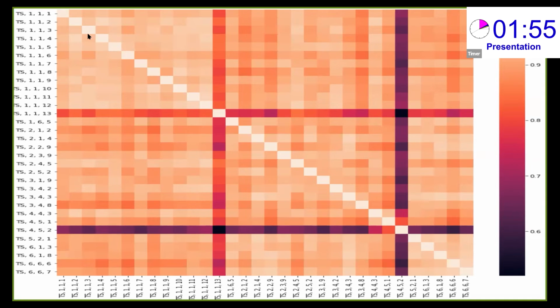On the other hand, the diagonal line is white. That indicates that chapters on these white lines have high cosine similarity, because they are compared to themselves on these white cells, and not surprisingly, they are similar to themselves.